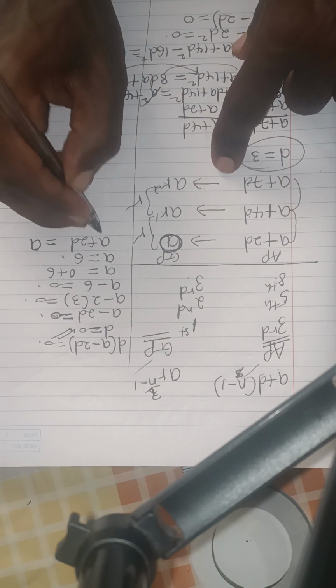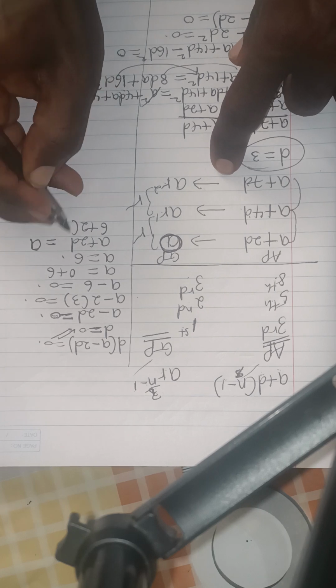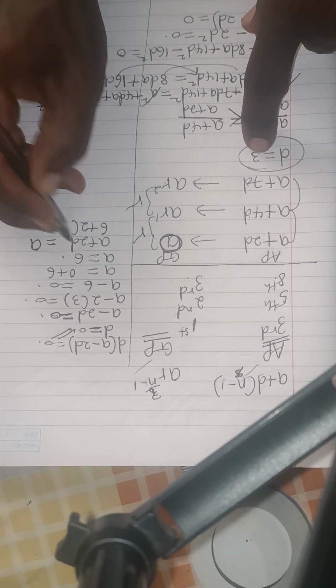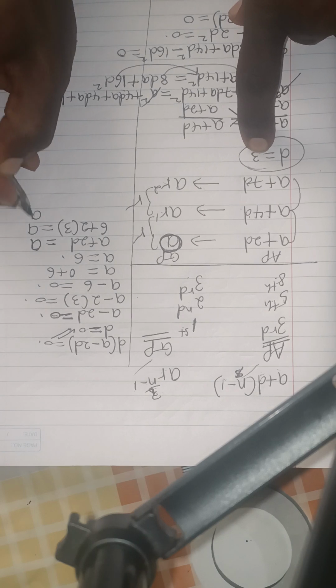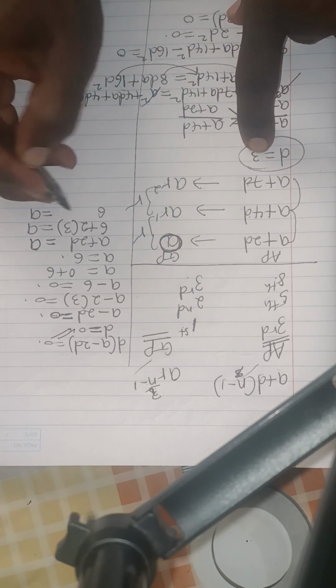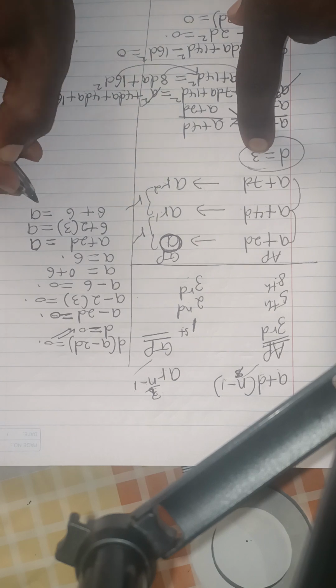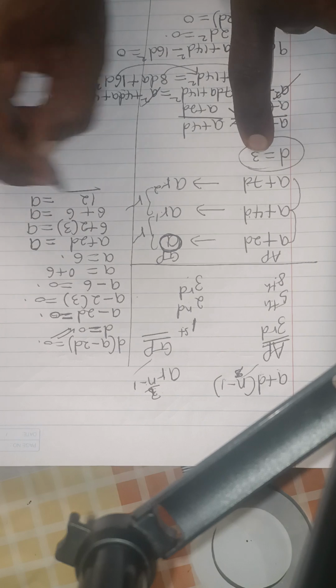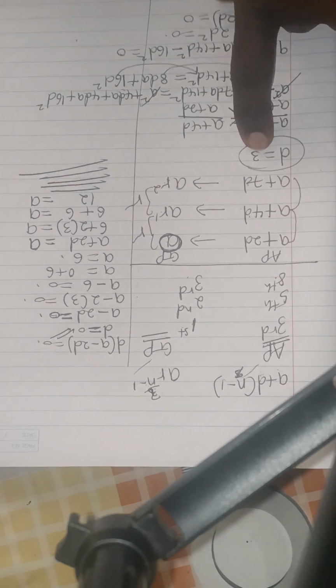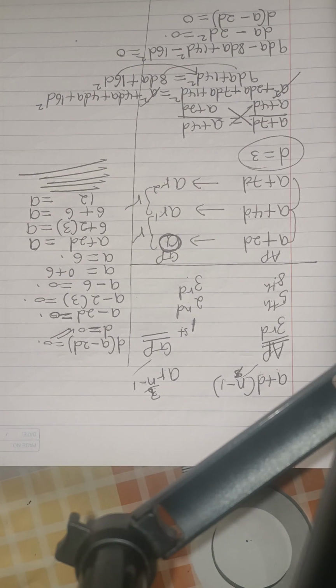So a of the AP is 6 plus 2 into d of the AP, that is 3. That should give us a. So the first term of the GP is 6 plus 6, so it is going to be 12. So that is what you are supposed to have gotten as your answer in as far as this question is concerned.